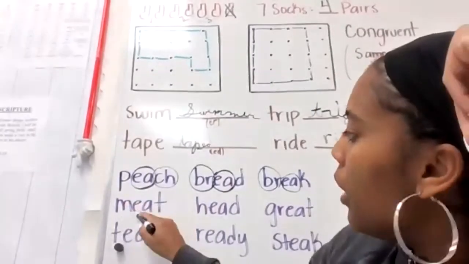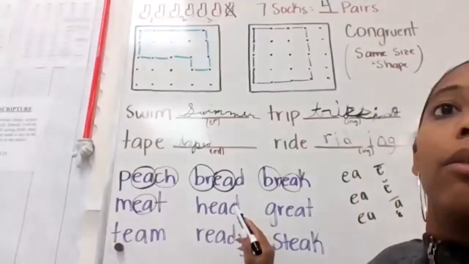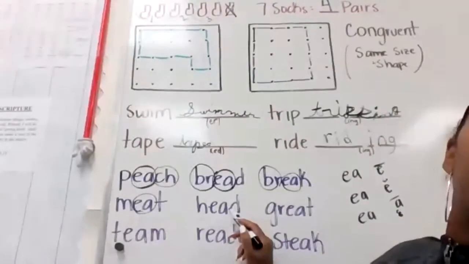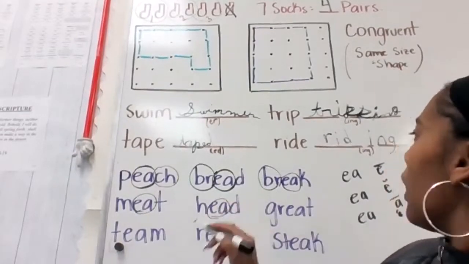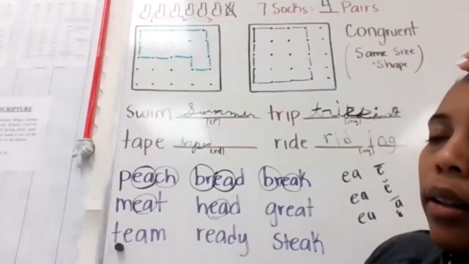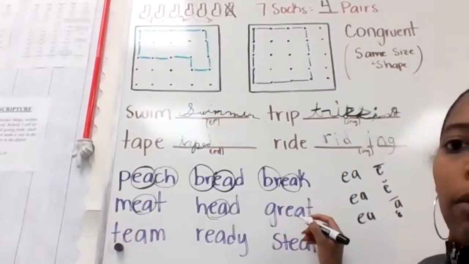Sound. EA. E. What's the word? Meat. Next one. Special sound. EA. What's the word? Head. Okay, next one, Kinley.